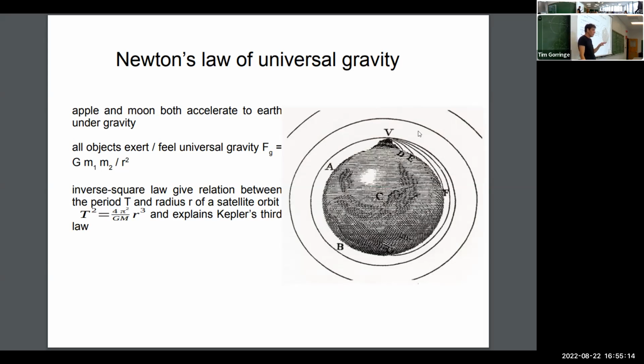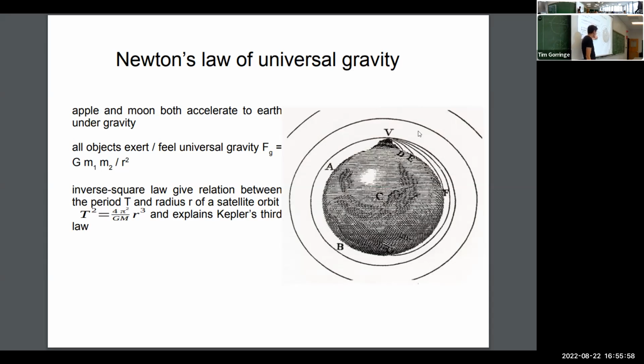That law has a consequence, or a signature, for the motion of satellites, for example, the motion of the planets around the sun. That inverse square law predicts a characteristic relationship between the period of the orbits of the planets and the radii of the orbits of the planets. And that's this law here. This law was predicted by Newton's law of gravity: the square of the period of the planetary orbit is in proportion to the cube of the radius.